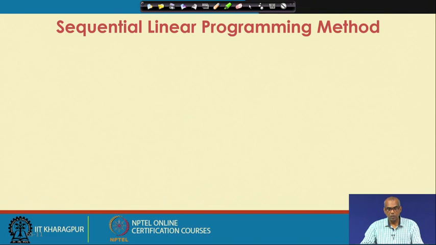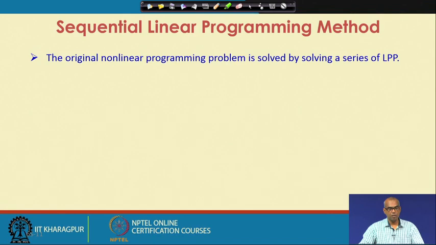So, now let us see how we can solve a general nonlinear programming problem using successive or sequential linear programming method. So, what are the basic steps? The original nonlinear programming problem is solved by solving a series of linear programming problems.